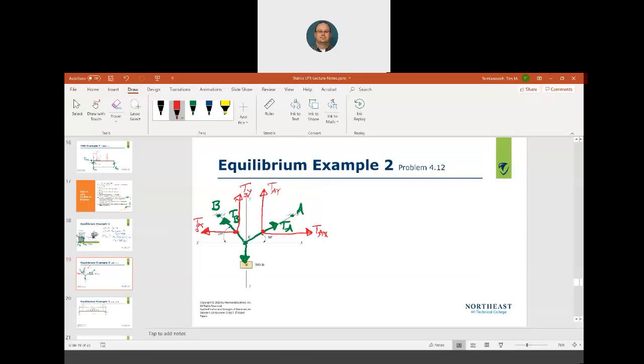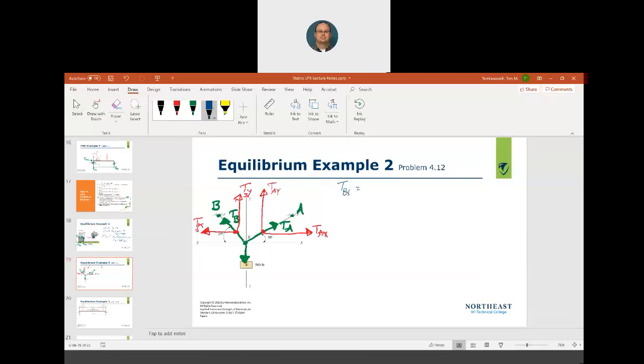All right, so I can only have 3 variables. 1, 2, 3, 4. So how do I do that? So what you need to do is get these in forms of 1 variable. So I need to convert this TB and TA in the forms of just variables of T, I'm sorry, X and Y. So TBX equals.